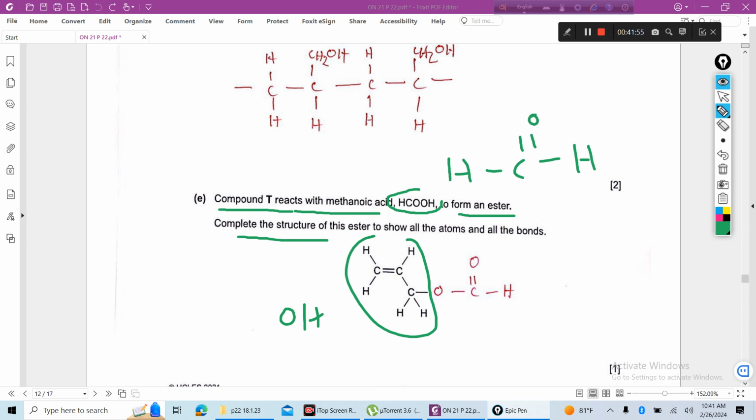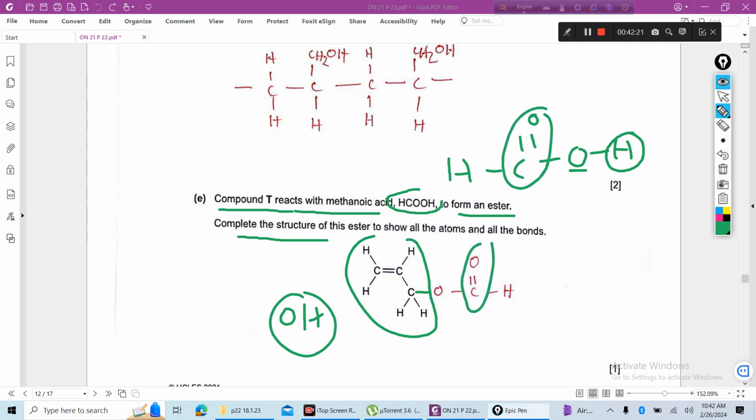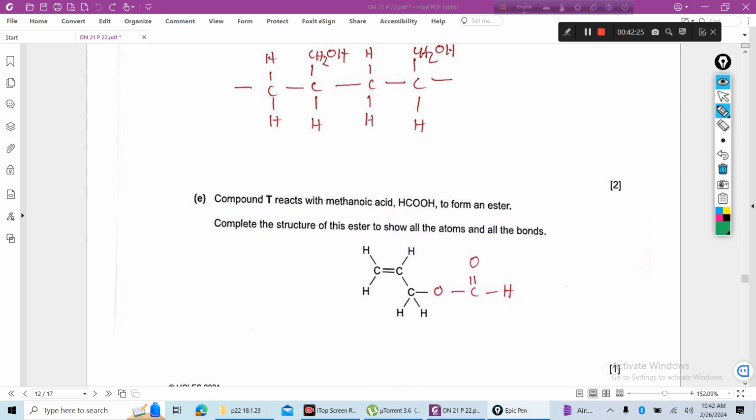So the alcohol loses the OH group, the acid loses a hydrogen, then you add, after this bond open, O, CO, CO H. This is the structure of this ester.